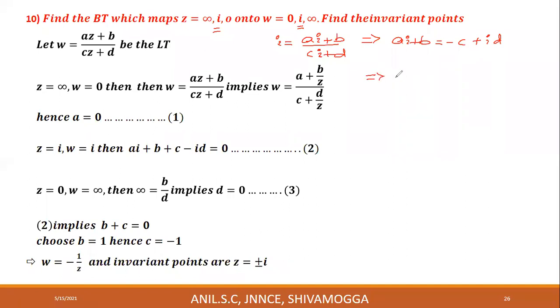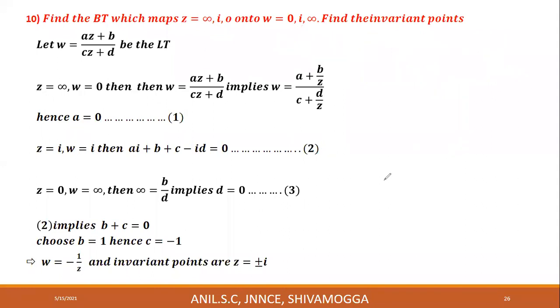This implies ai plus b plus c minus id is equal to 0. Let this be equation number 2. This is obtained by substituting the second set of points.